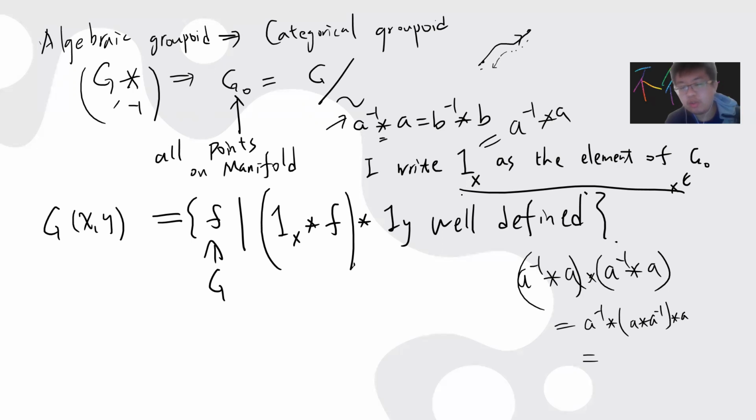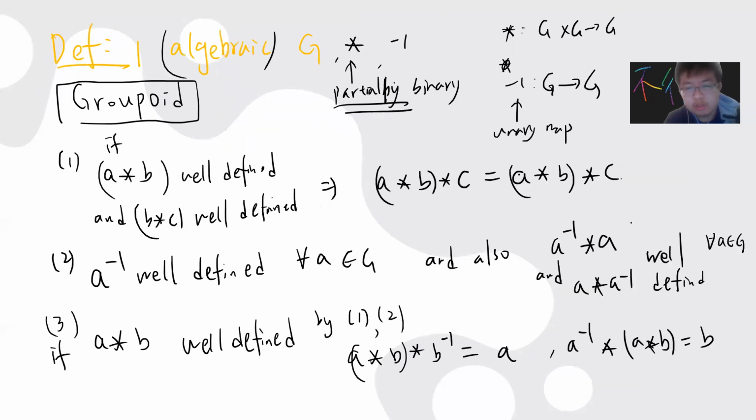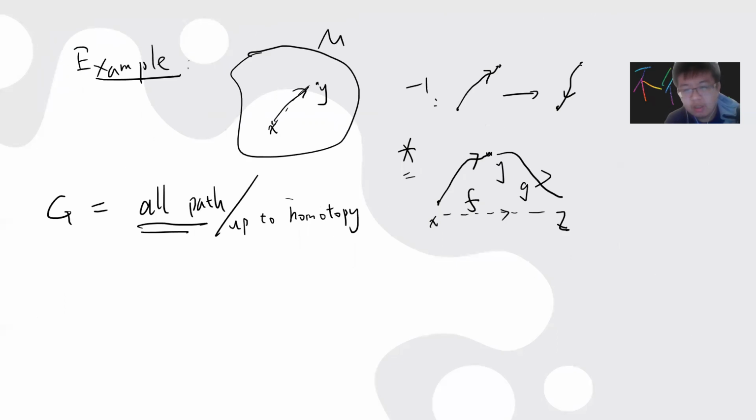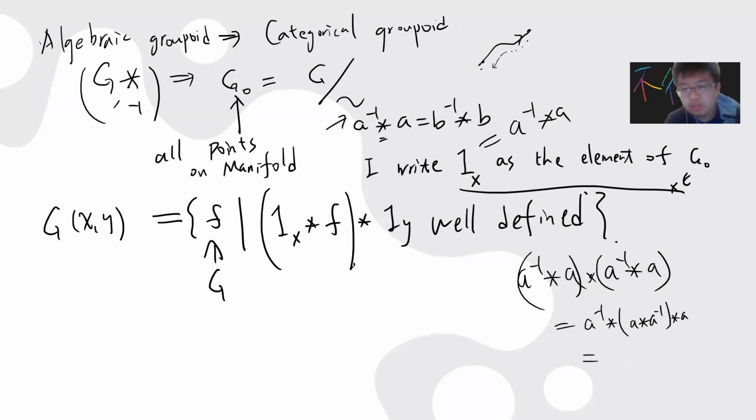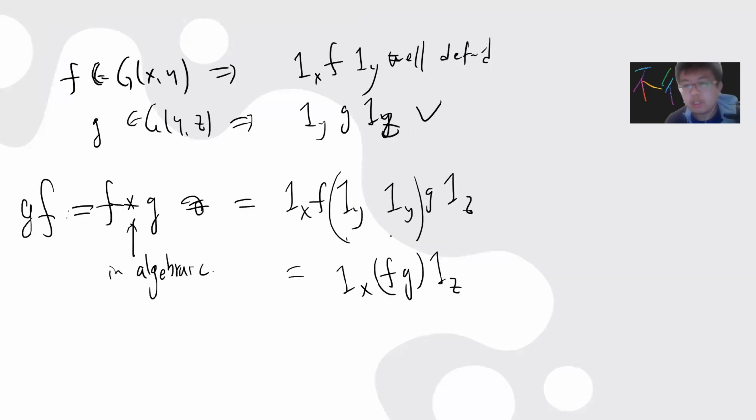So you can easily check this. Let's go to the first definition, so you still get this. This is why you can cancel these two, and this is the composition.